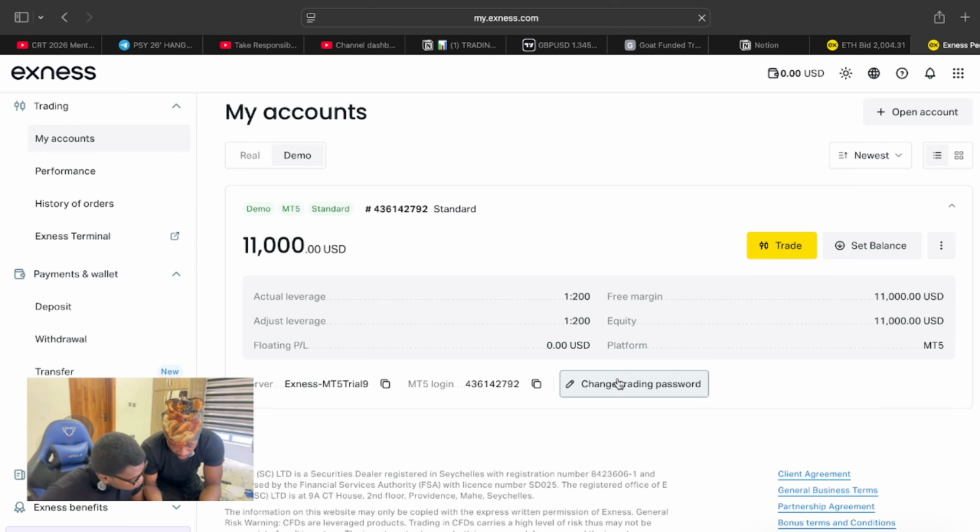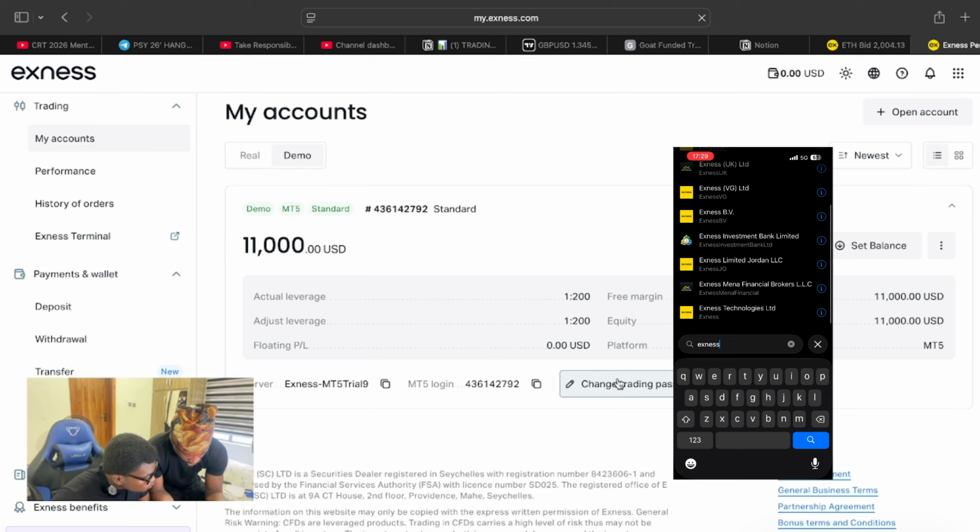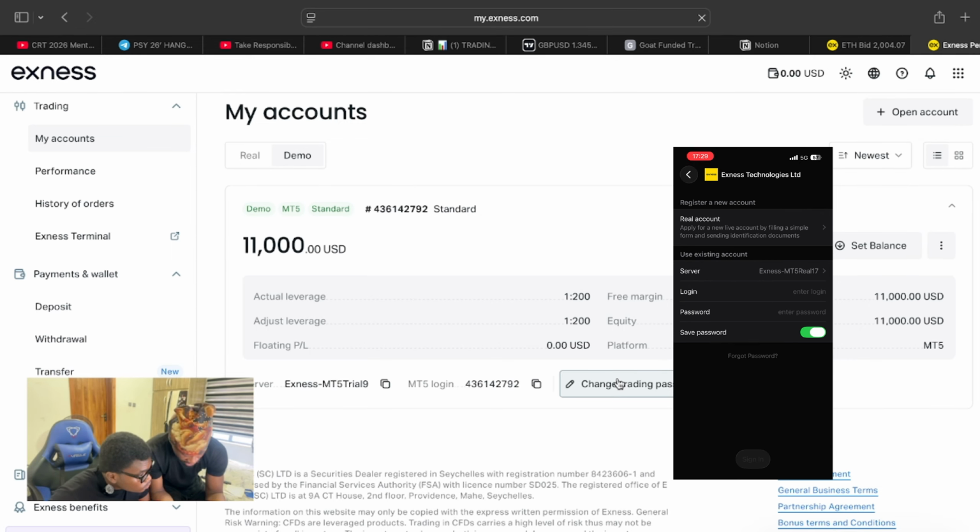Then search for what broker we're using. We're using XNES broker. This is XNES Technology. Then MT5 Trial 9, that's the server.